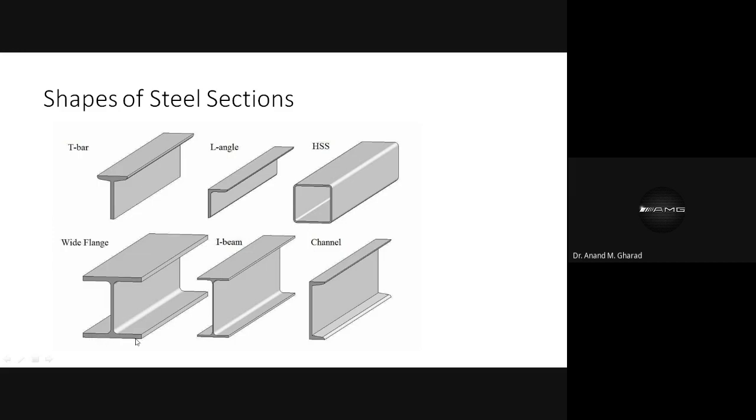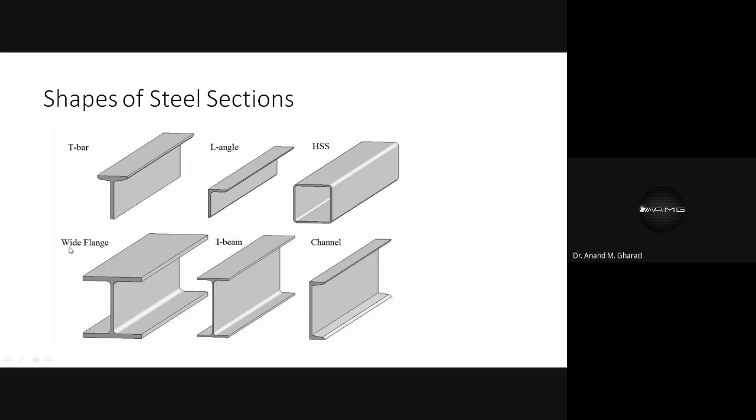This is also known as flange. So if the orientation is like this, this is known as top flange. This is known as bottom flange. This vertical thin plate, as you can see over here, is known as web, W-E-B, web, right?